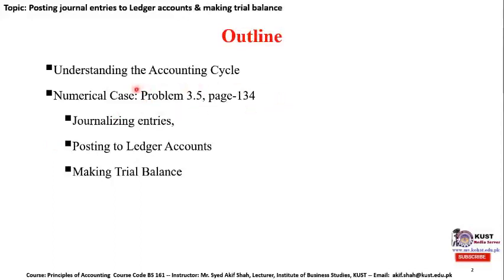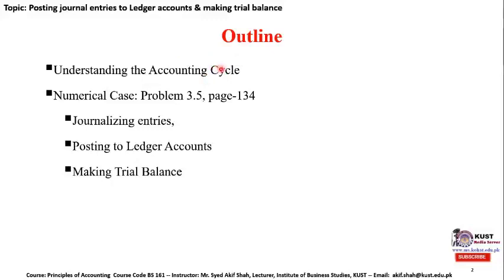This is the main reason I am strongly recommending to the listener of this lecture to first go back to part 1 of this lecture and to have full command on journalizing the entries, because this is an accounting cycle which starts with certain economic events in a legal firm.